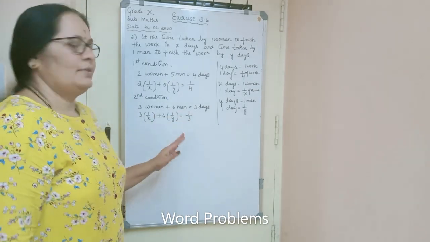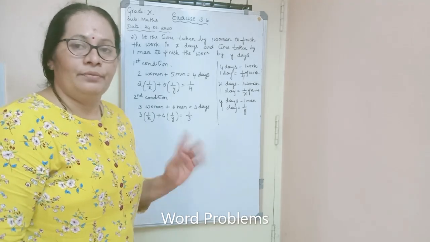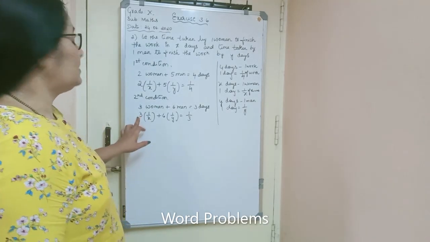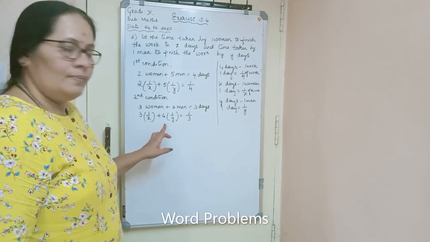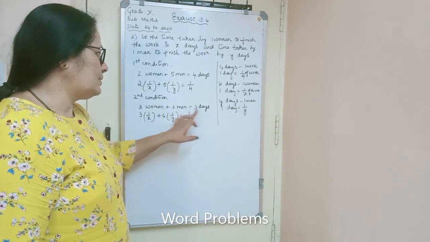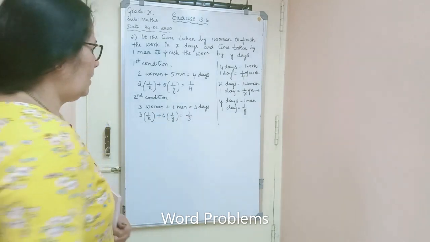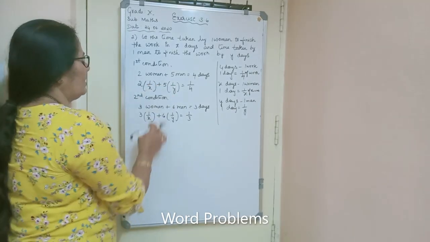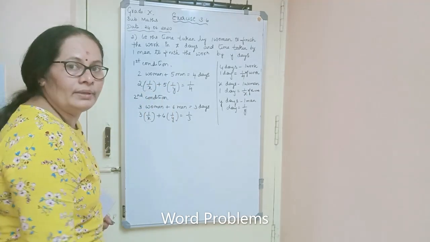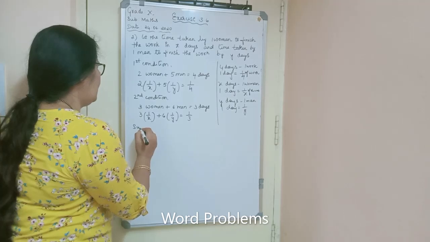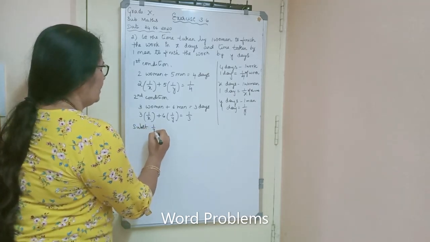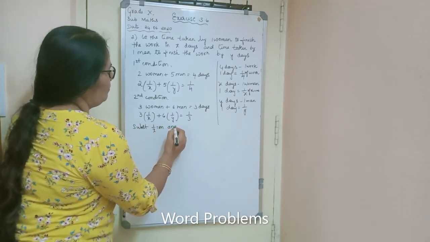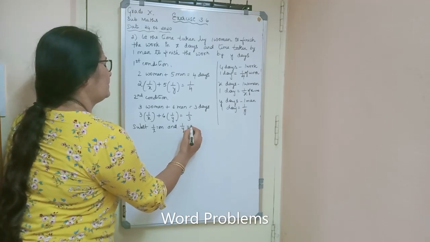So 1/3 of the work they will finish. Now in both the equations 1 by x and 1 by y are common. So substitute 1 by x as m and 1 by y as n.